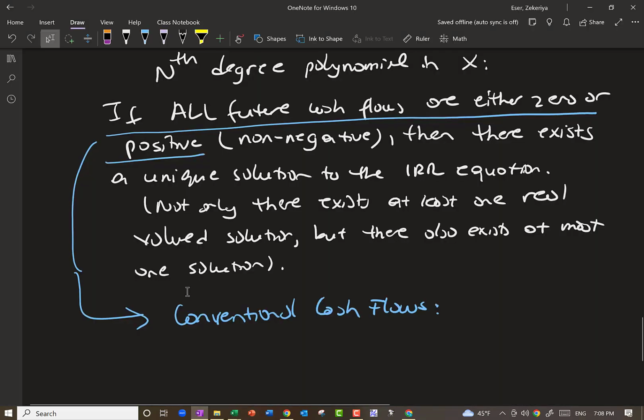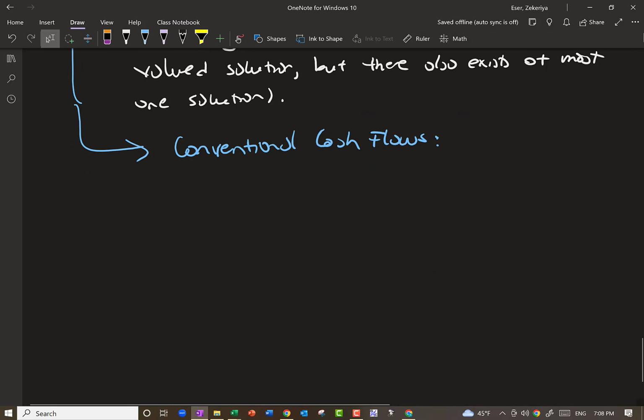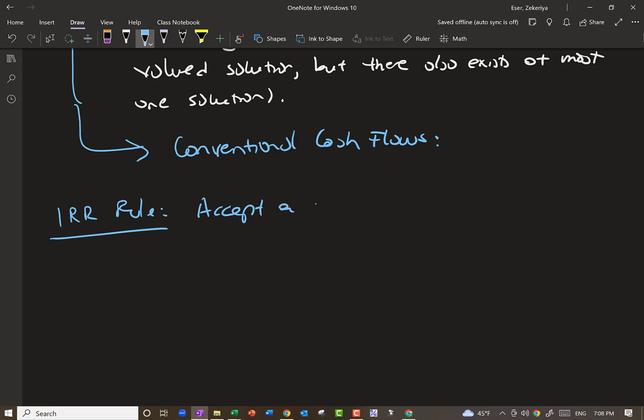Again, in terms of the IRR rule, accept a project if it's standalone, if IRR is greater than the discount rate. Okay. So your rate of return is greater than the required rate of return in a sense. Reject otherwise.